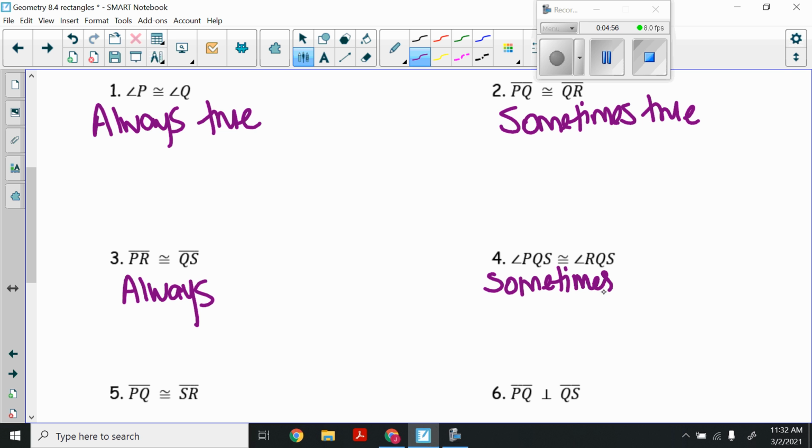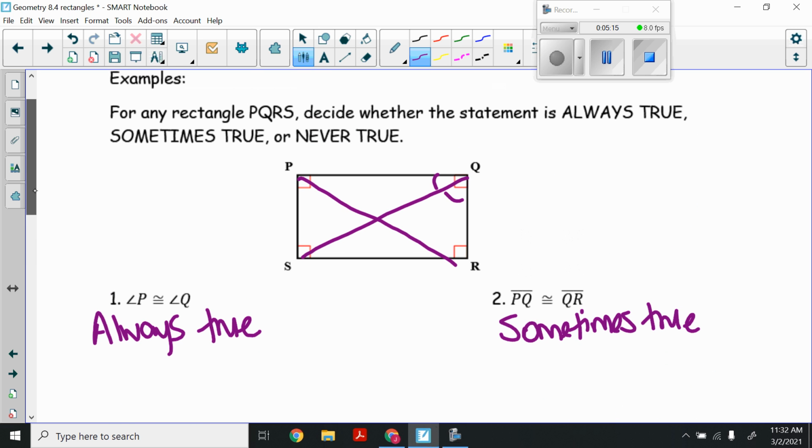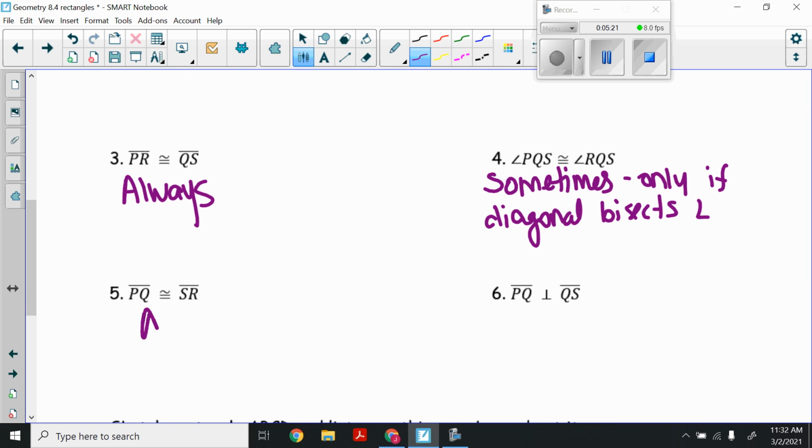And that's only if the diagonal bisects the angle. There's nothing that says that that diagonal has to bisect the angle, but there's nothing that says that it can't either. Number 5, PQ is congruent to SR, the top congruent to the bottom of a rectangle, always true.